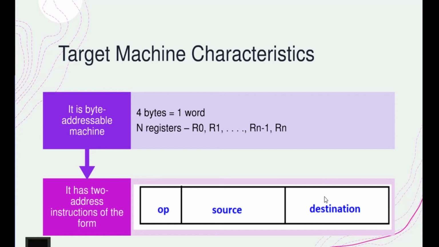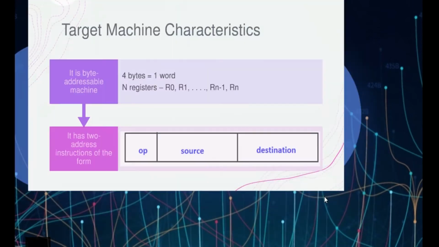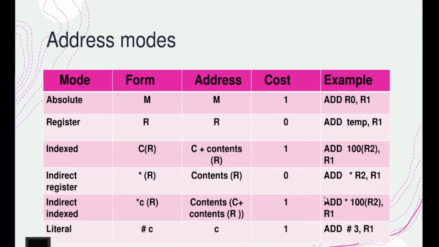The address modes together with their assembly language forms and associated costs are represented in this table. If the address mode is absolute, it is of the form M, and the address is also M. M is nothing but memory, and the cost for this operation is 1. Example is add R0, R1.